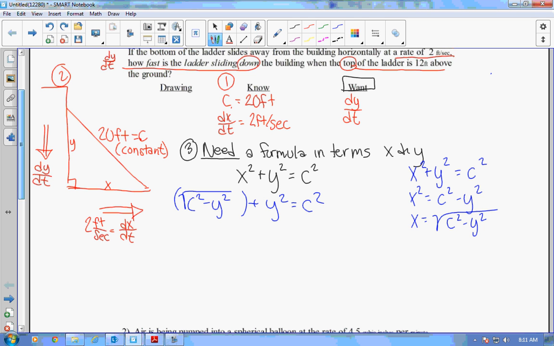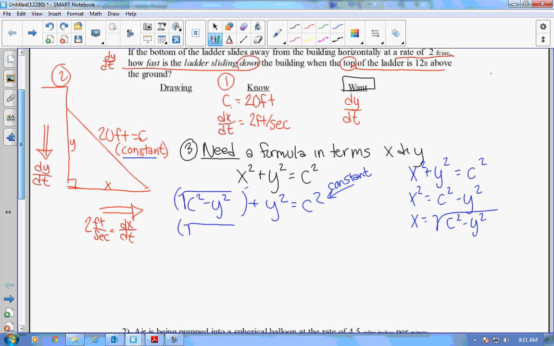Now, if you don't plug in the 20 right now, you have to remember this is a constant. What happens when you take the derivative of a constant? Equals 0. Okay, so if it helps you, you can put in the 20, but that's only because that's constant. Don't plug anything else in.